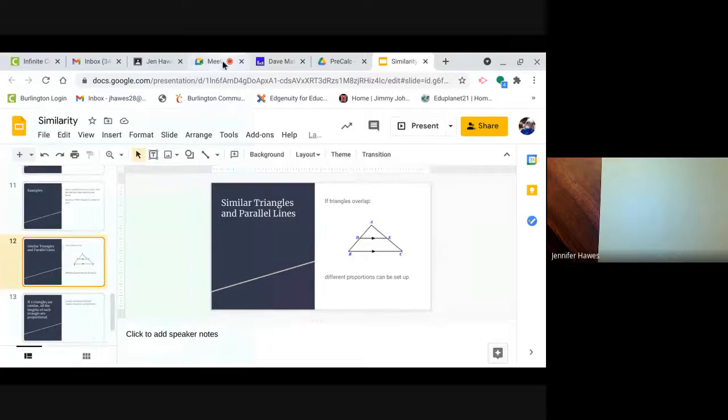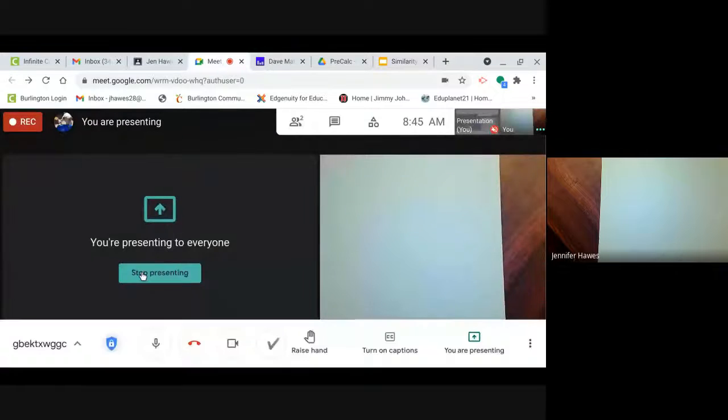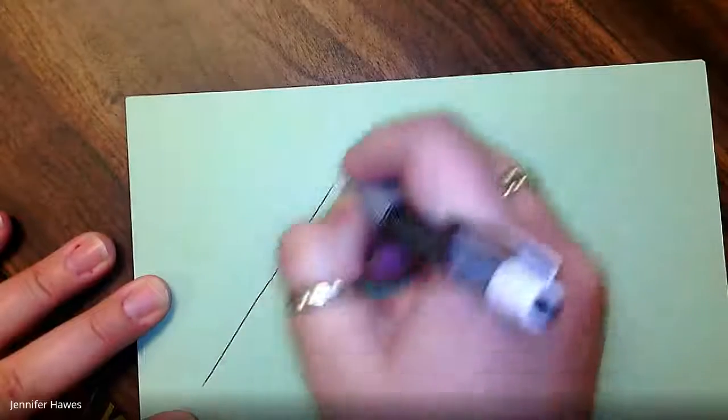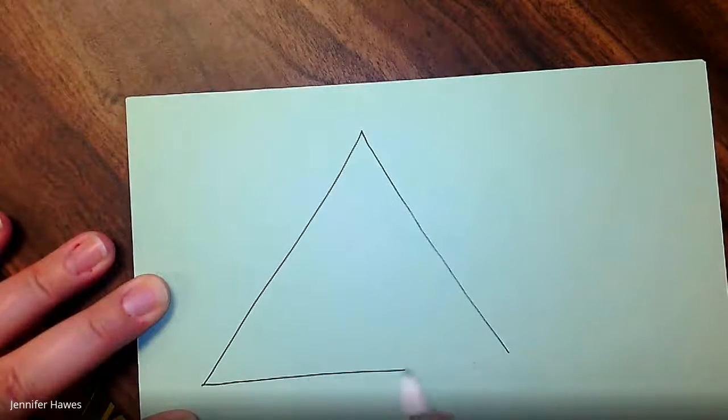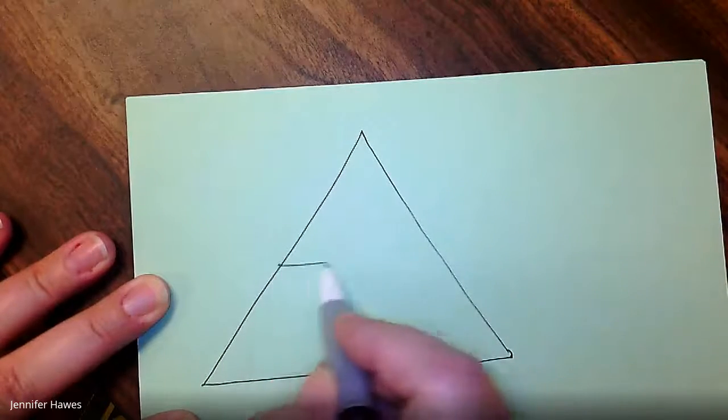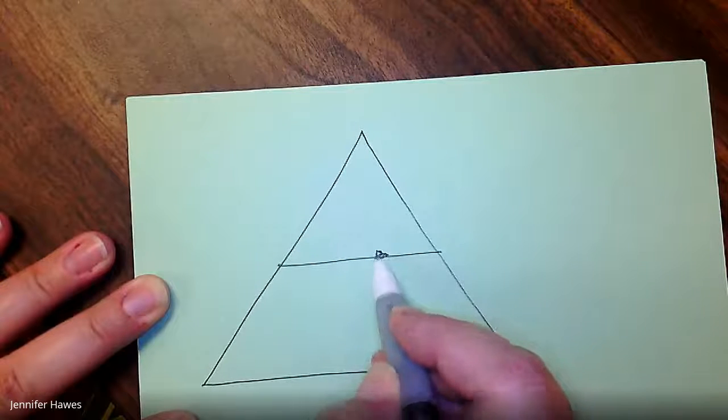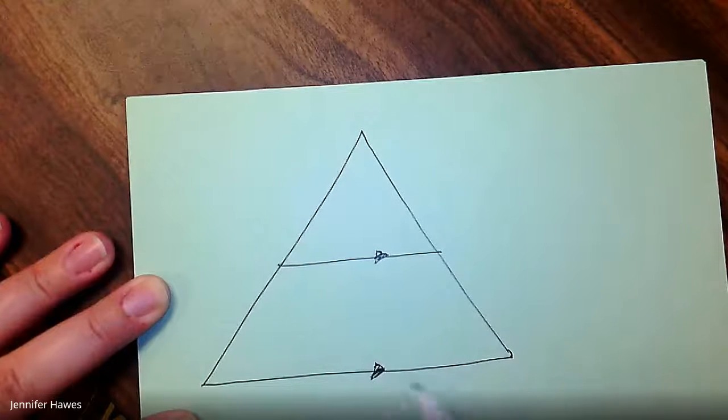Let's go back here. Stop presenting. All right, so what I want to do is draw that same picture. This is what it was. This was parallel to this.